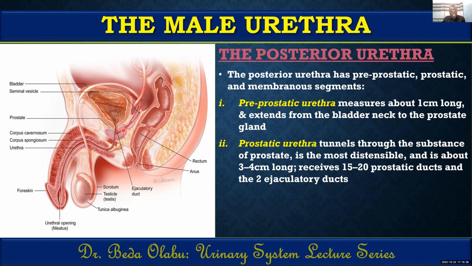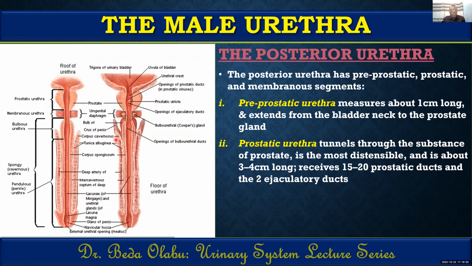The ejaculatory duct is a duct formed by the union of the vas deferens and the duct of the seminal vesicles. So we have one on the right, one on the left. These are the ejaculatory ducts. They open into the prostatic urethra. The prostate gland itself opens via multiple ducts, about 15 to 20 tiny ducts, which open into the prostatic urethra.